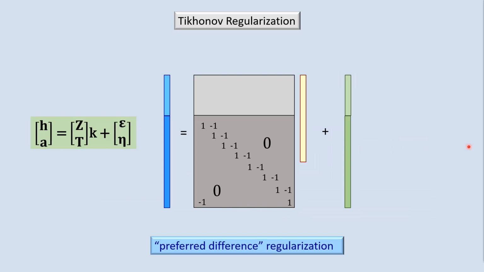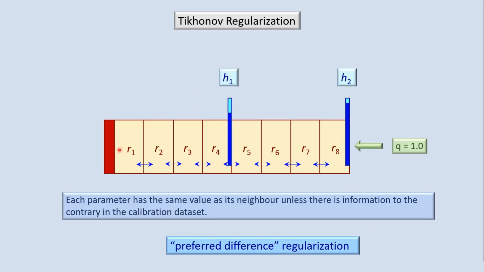Another option, which also says that homogeneity is the preferred condition, I call preferred difference regularization. Here I'm not actually specifying a preferred value for every parameter, but I am specifying the fact that the difference in the values between each parameter and its neighbor shall be 0. So the fallback position is that R1 minus R2 is 0. That is, that R1 equals R2. Now, probably R1 does not equal R2.